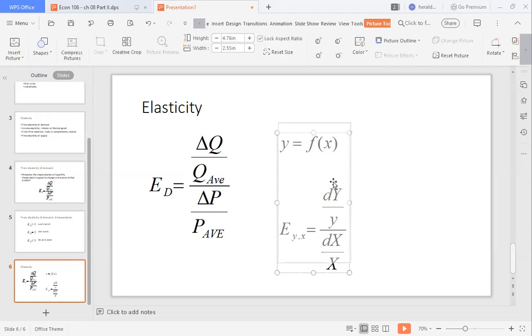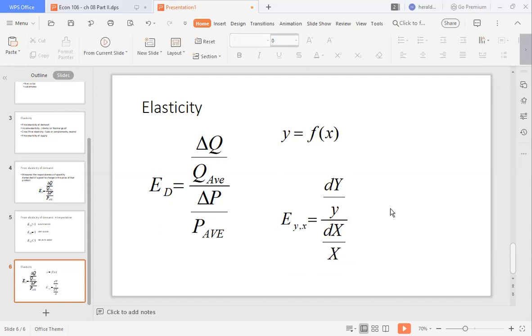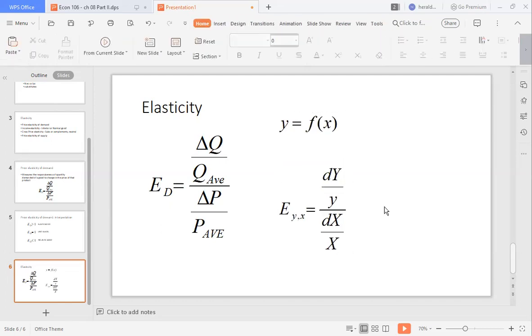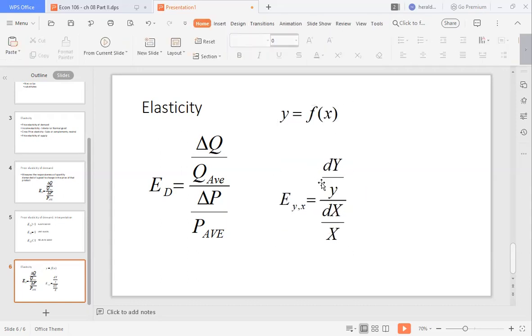You know that Q is a function of price. If Q is a function of price, then we can relate it where generally Y is a function of X, and so getting the elasticity would mean getting the ratio of dy over Y over dx over X.